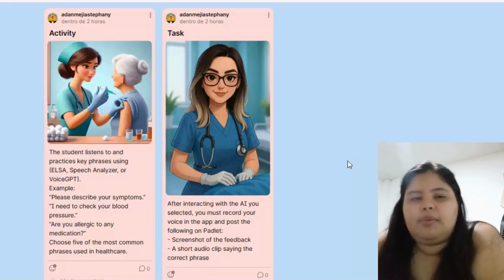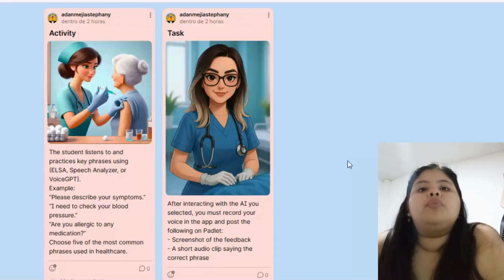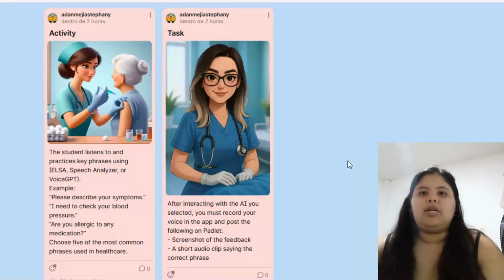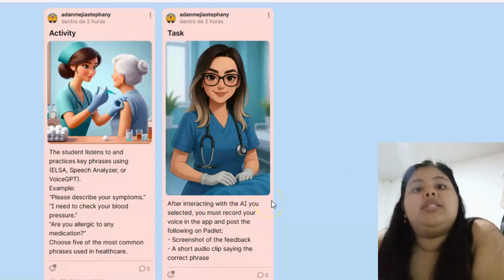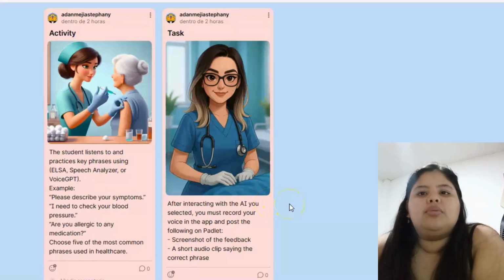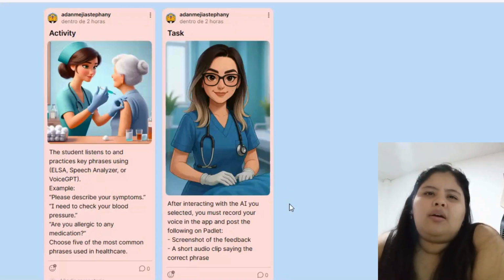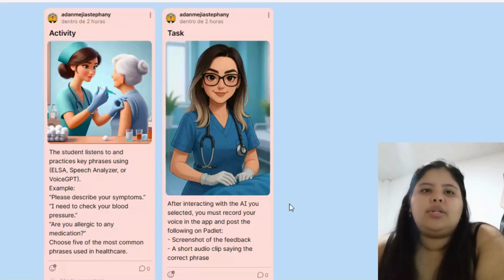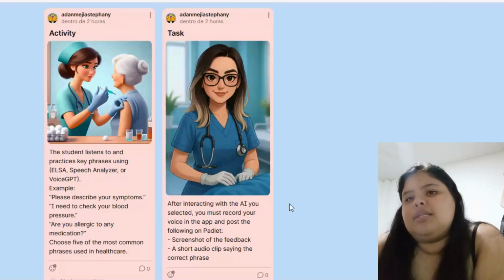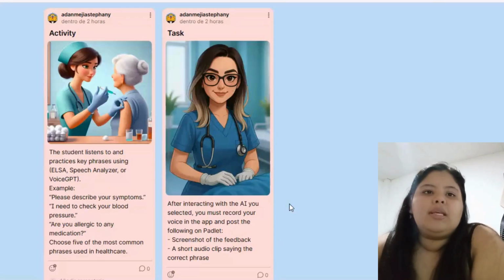These are just examples, but the student must choose 5 common phrases and use them in practice. As homework, after interacting with the AI, the student will provide a screenshot of the feedback and a short video recording of himself saying the phrase correctly and focusing on this exercise.